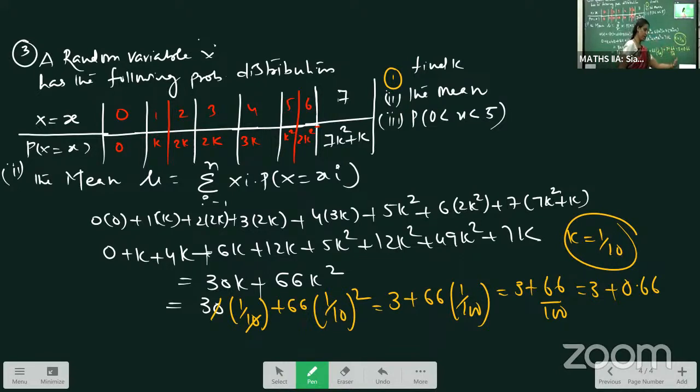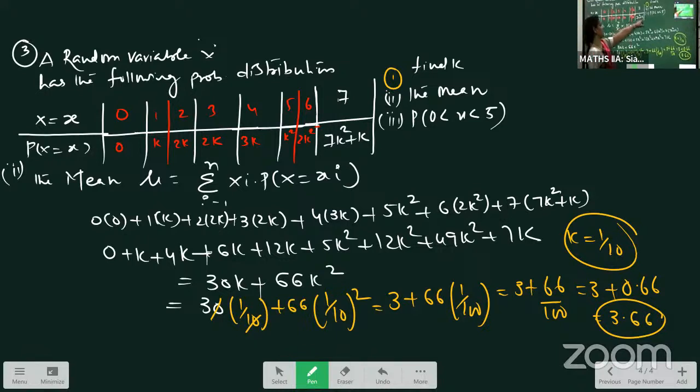And if it is 1000, then the point comes after 3 places, 0.066. Okay. That is, 3.66 is your answer. This 3.66 answer question is very, very important to you.